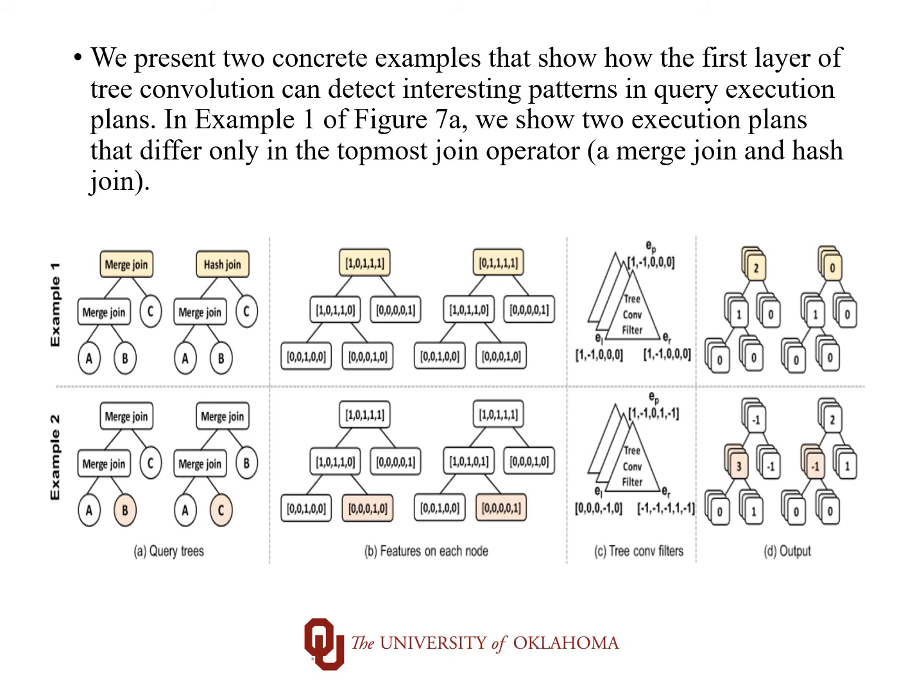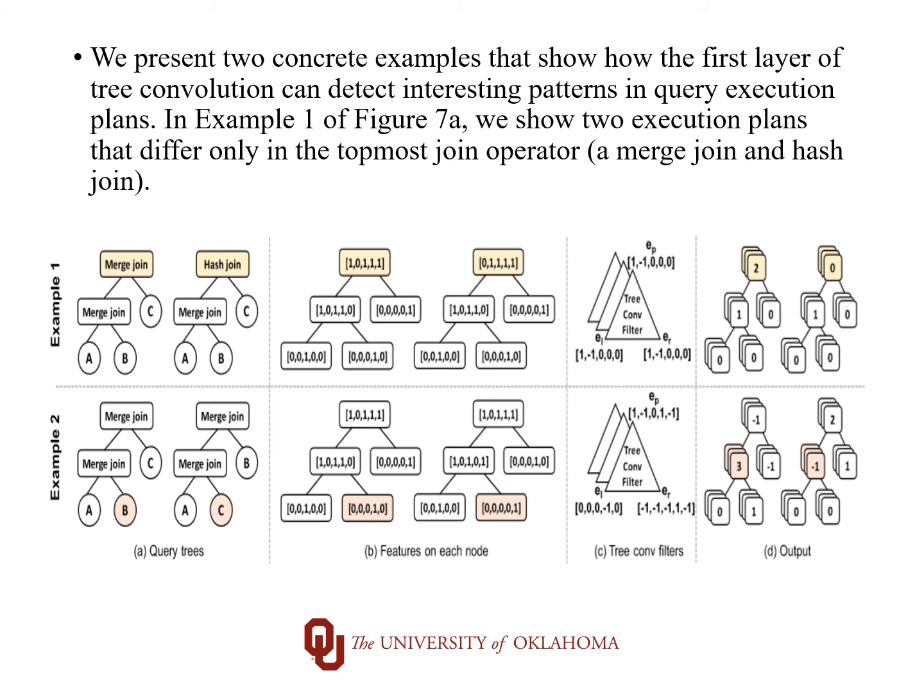In example 1 of figure 7a, we show two execution plans that differ only in the topmost join operator, that is a merge join and a hash join. As depicted in the top portion of figure 7b, the join type, hash or merge, is encoded in the first two entries of the feature vector in each node.